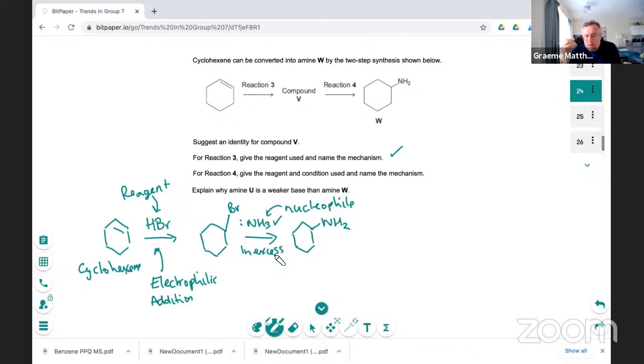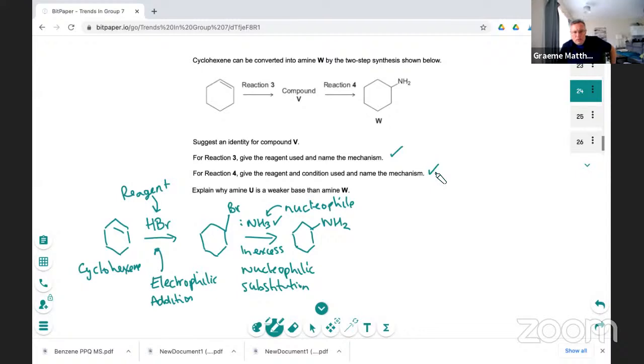Name the mechanism: nucleophile substituting for bromine. This would be nucleophilic substitution. Done this one. We're doing pretty good today, right?